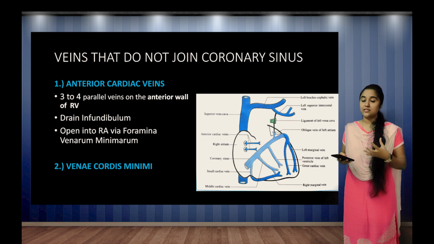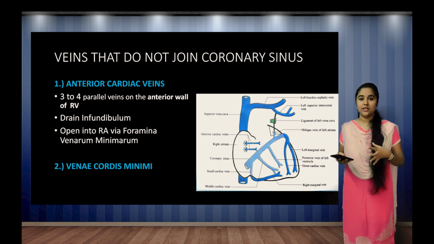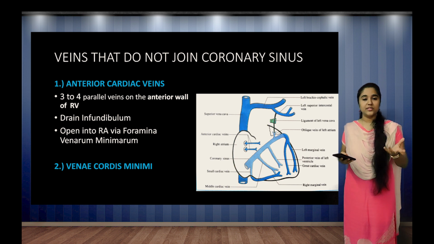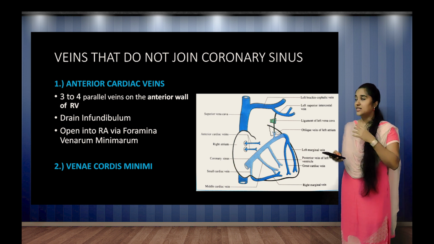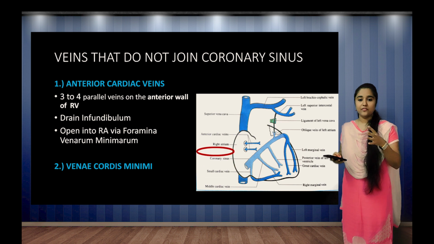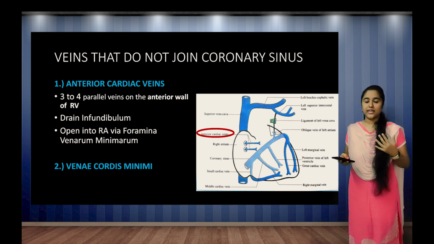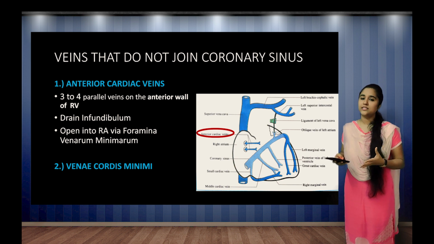Now there are some veins that do not join the coronary sinus, but they take part in draining the blood from the heart. So these are the anterior cardiac veins. You can see here there are 3 to 4 parallel veins present on the anterior wall of the right ventricle. These drain the infundibulum and they open in the right atrium.